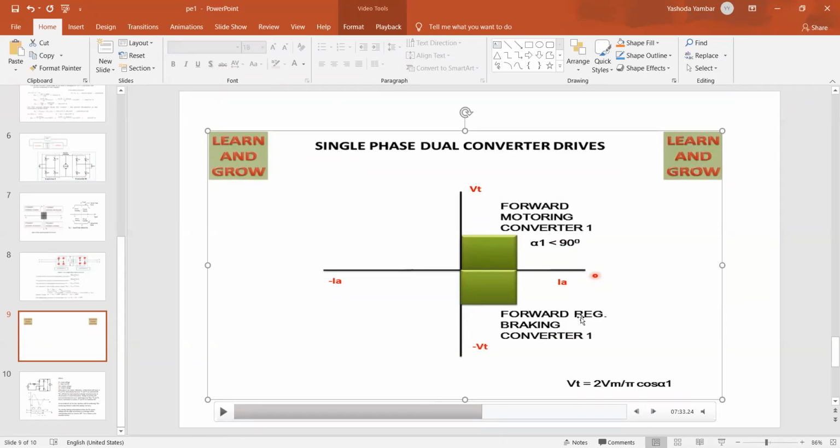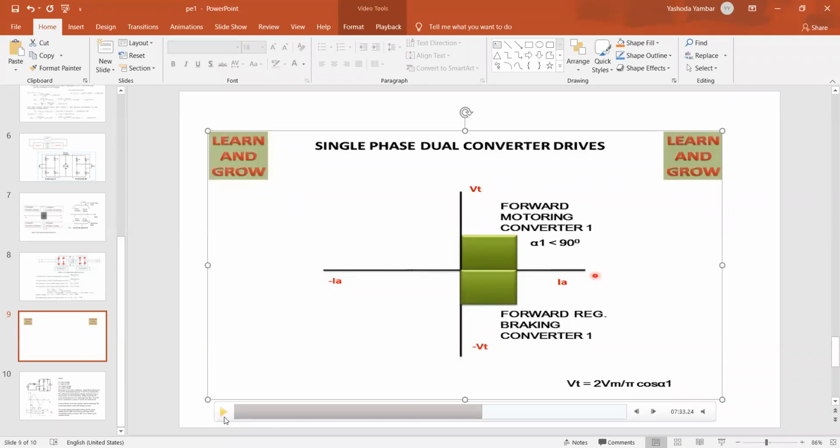So electrical braking says that when you apply a brake condition to the electric train, then also you can generate electricity. So the motor will act as the generator at which condition? When the electric train has to be stopped. At the time of stopping the electric train, we apply the brakes, and this electrical braking system, which is known as the regenerative braking system, will make the motor act as a generator, and energy is transferred from load to the source.